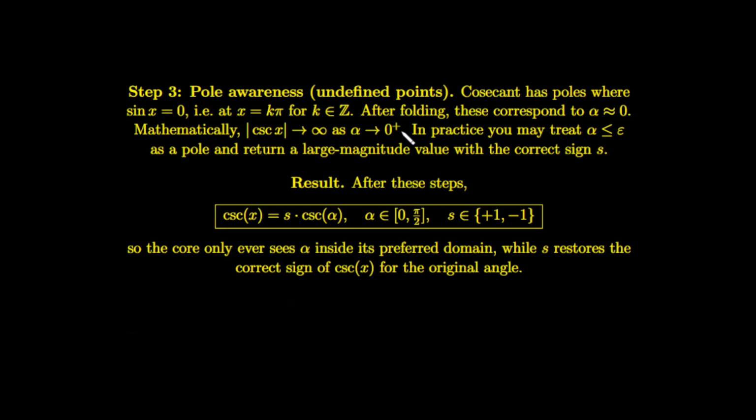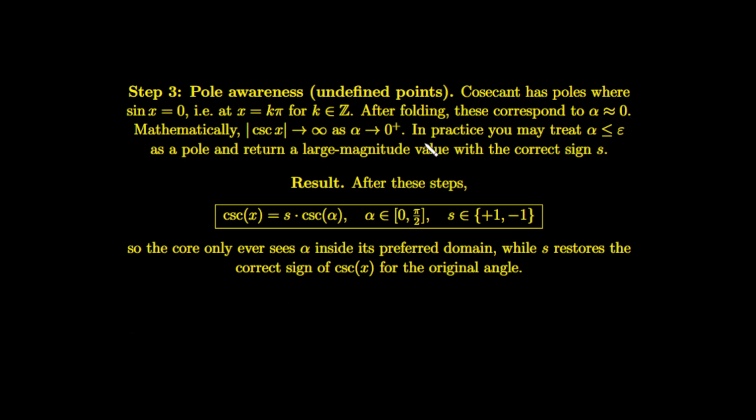So as the angle tends towards 0, let's say in radians, it becomes 0.5 radians, 0.3, 0.2, 0.001, 0.00001. As it gets smaller and smaller from the positive side, then the value for our cosecant is going to head off towards plus infinity.